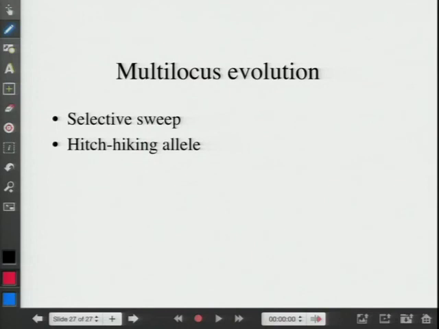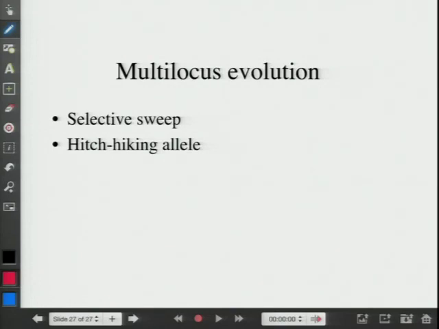Okay, so suppose they're linked. It's kind of confusing terminology. If they're linked, they're in linkage disequilibrium. Does everyone understand that? They're equivalent kinds of things. If they are linked, then you can have selection at one locus affecting allele frequency at a different locus.